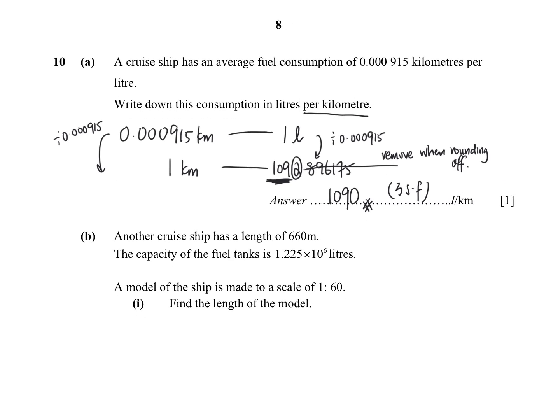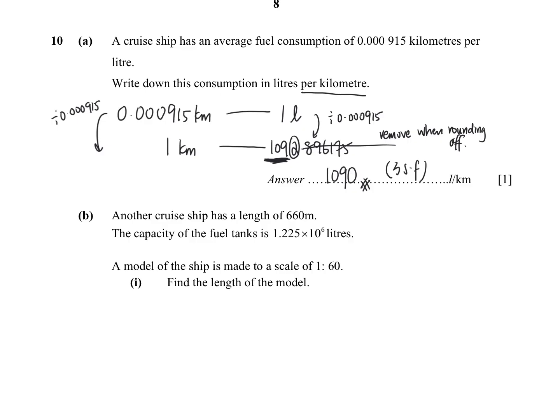Okay, next one, I have another cruise ship. The length is 660 meters. The capacity is 1.225 times 10 to the power 6 liters. A model is being made. When they write like that, this is also under construction, we learn this, right?